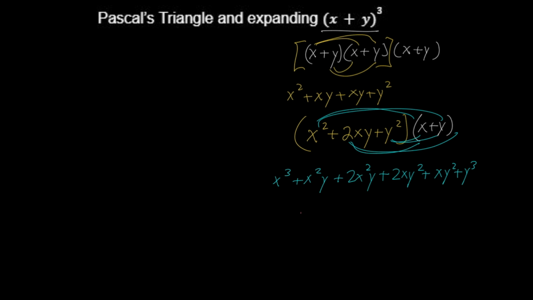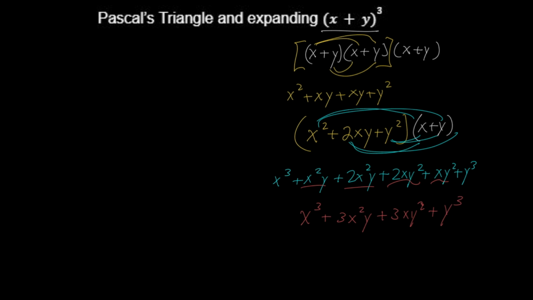Then just combine like terms, we'll have x to the third plus, combining like terms, there's my x squared y's, so we'll have 3x squared y's. Combining these two, we'll have a 3xy squared. And then lastly, my plus y cubed comes down.